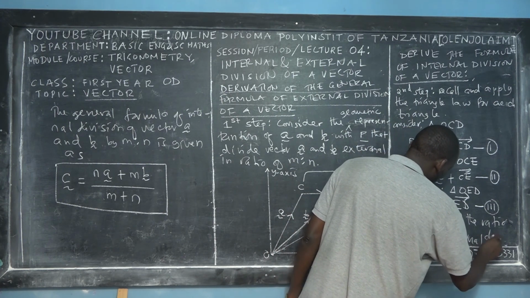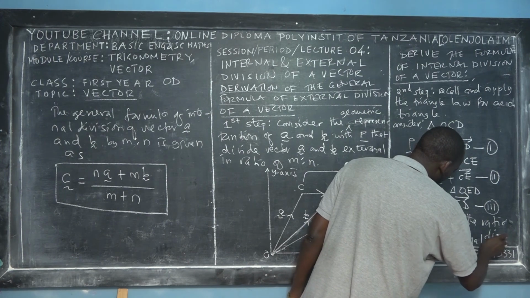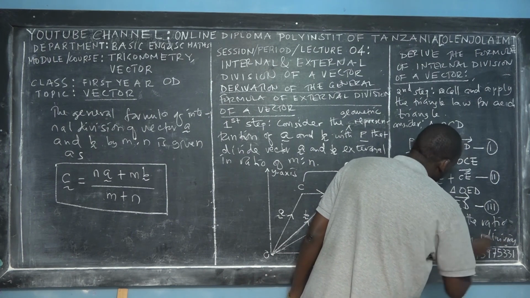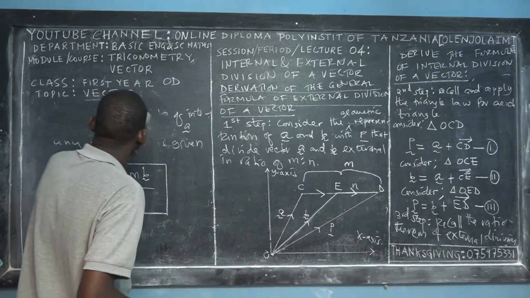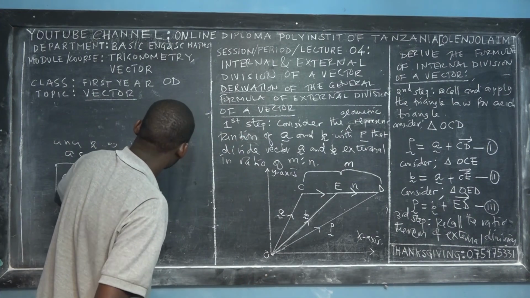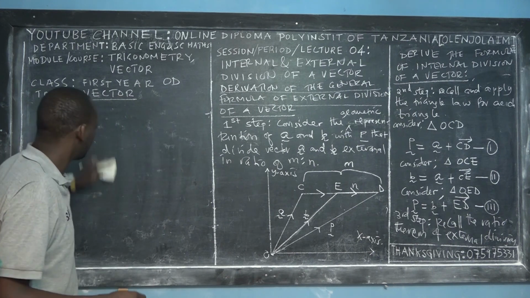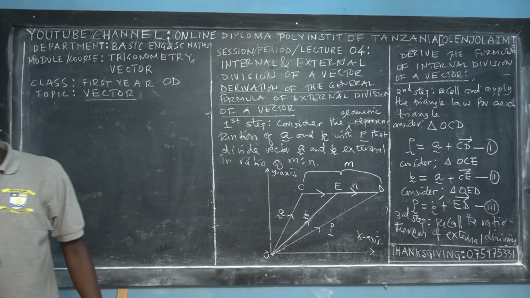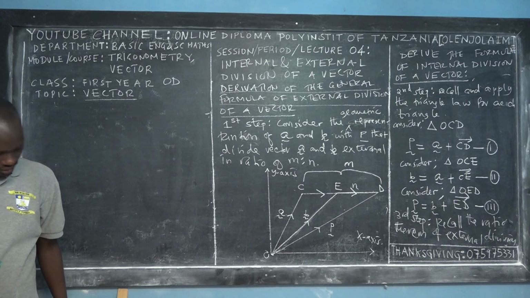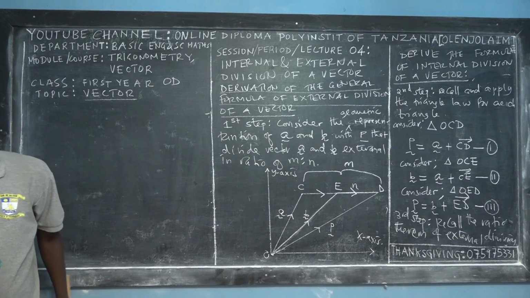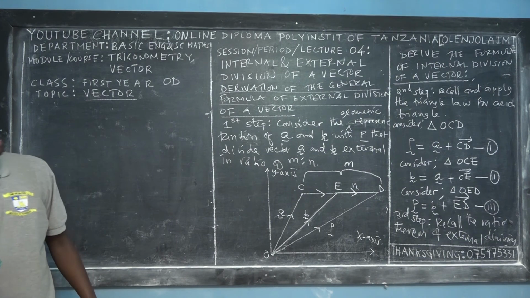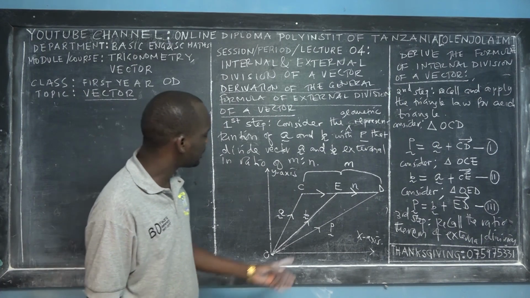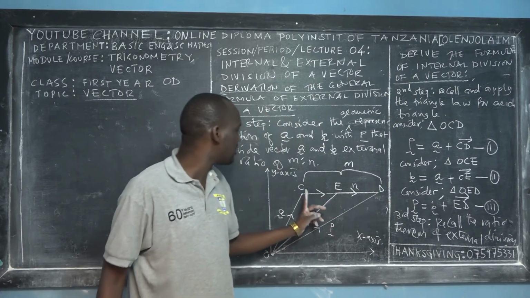We need that theorem here. For this scenario, we have only one ratio theorem. This N is from E to D, and this M is from C to D.